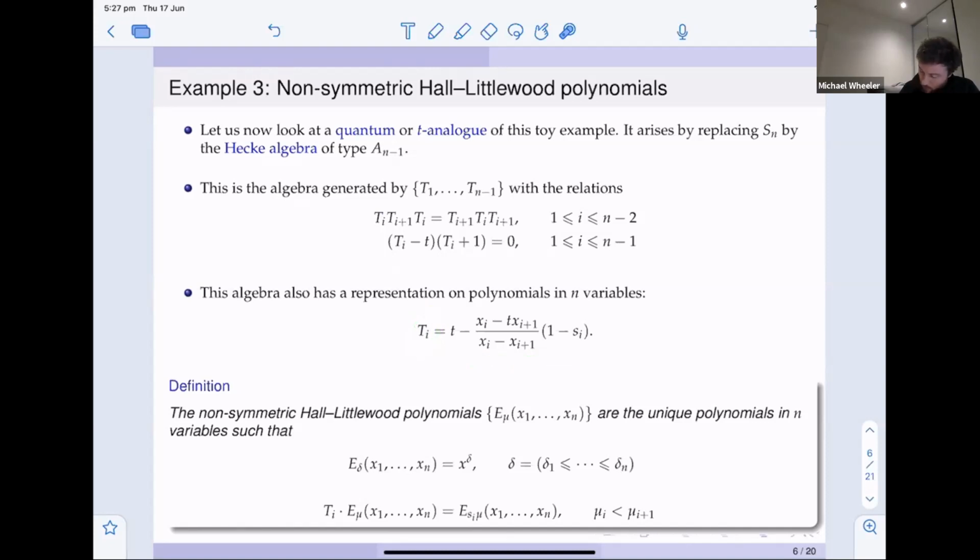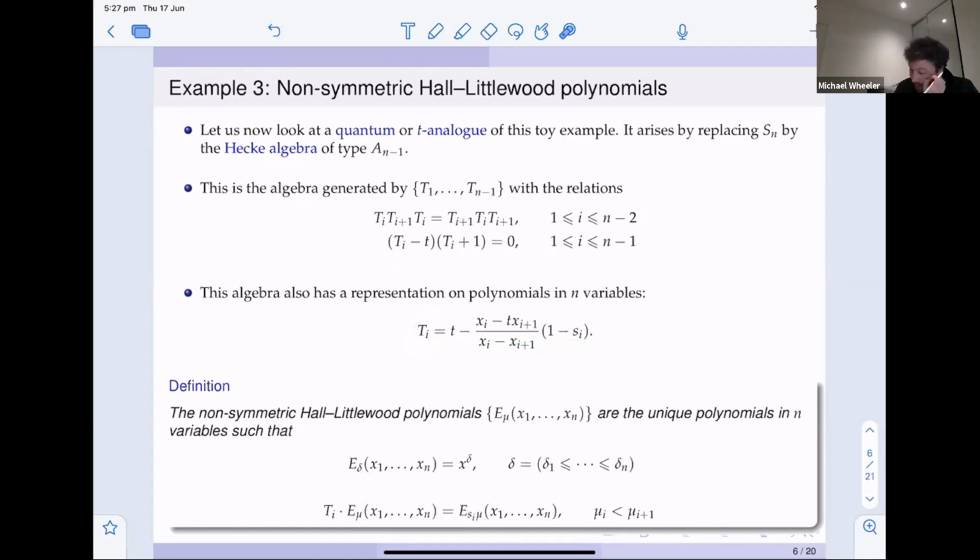And the non-trivial part of this is I have to take 1 minus s_i acting on some polynomial that will give you something which is divisible by x_i minus x_{i+1}, and then you divide that out. So this will cancel off, and you will preserve polynomiality when you do this. So this is called a polynomial representation.